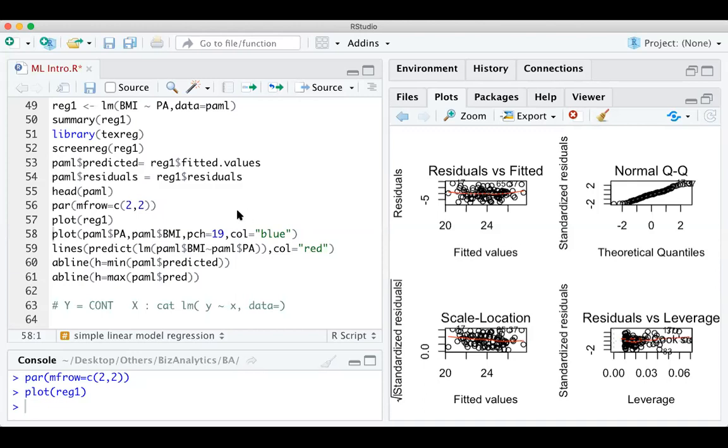Okay, can you share the R file? Yes, Rajat, I can share the R file. Just a minute, I'll share it now itself. The file name is ML intro. I'll go to Rajat now. How to share the file?